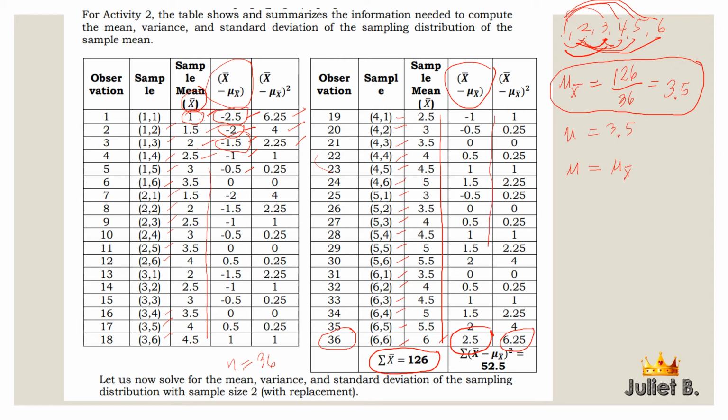Ganyan din siya dyan. Lahat ng to nakuha by squaring all of this. So, after nyan, itong column na to, i-add. That's why nakakuha ng the summation of x minus the mean of the sample mean squared is equal to 52.5.